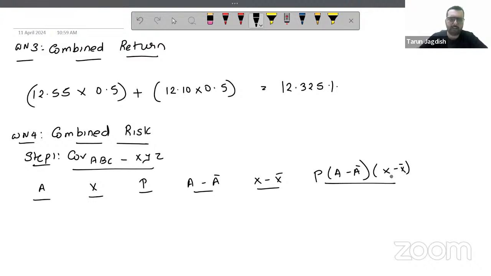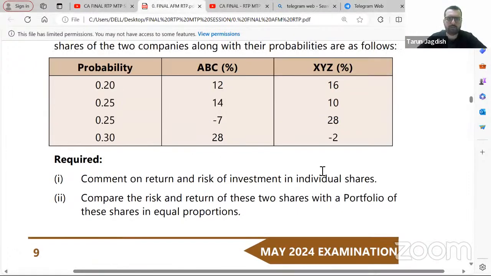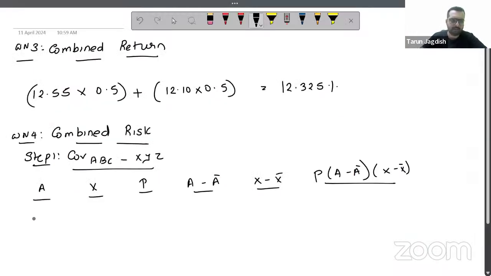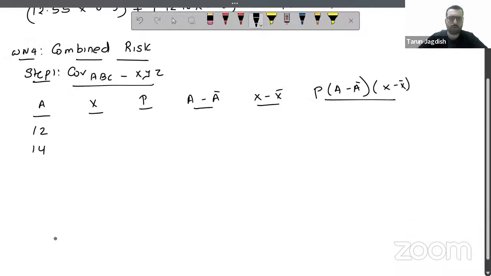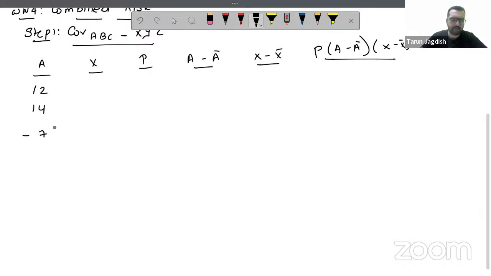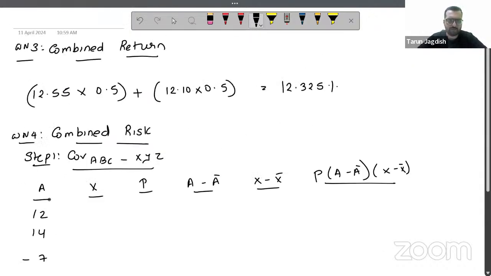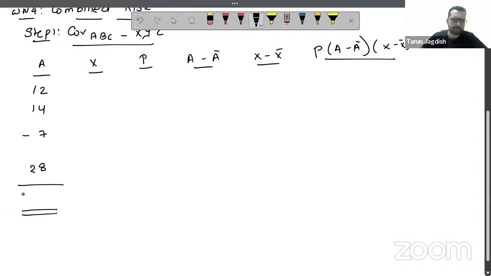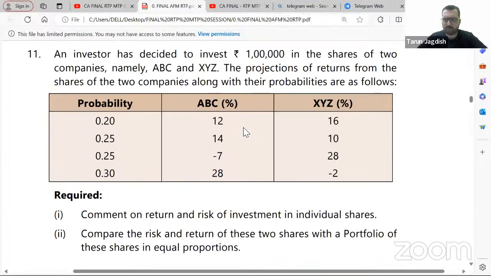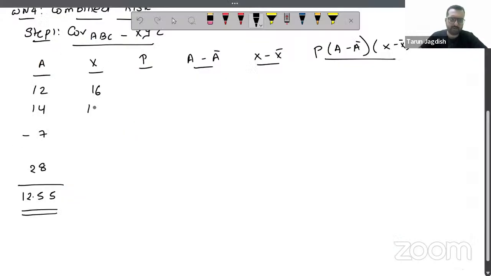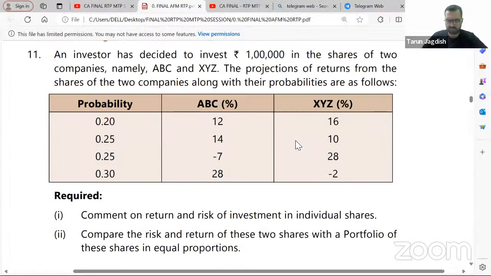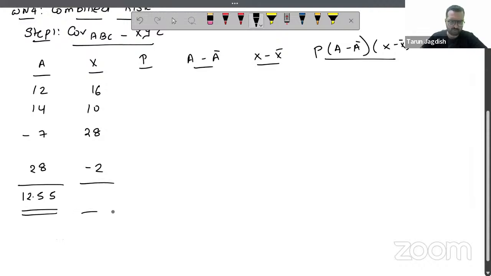Okay. So I'll take the numbers again now. What are the numbers that you have? For A: 12, 14, minus 7, and the last one is 28. And we got the average of this one as how much? 12.55. For X, the numbers are going to be 16, 10, 28, and the other one is minus 2.